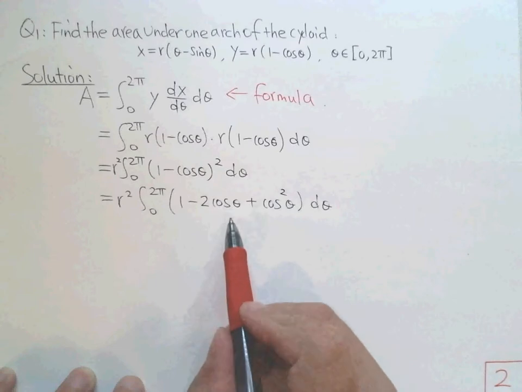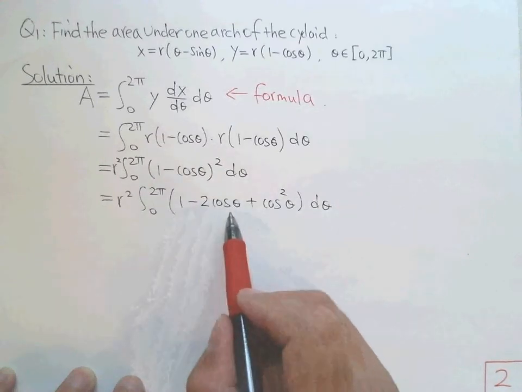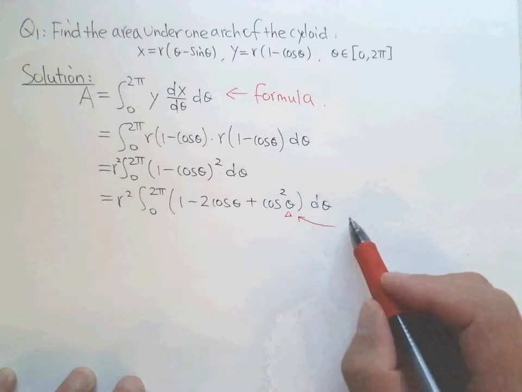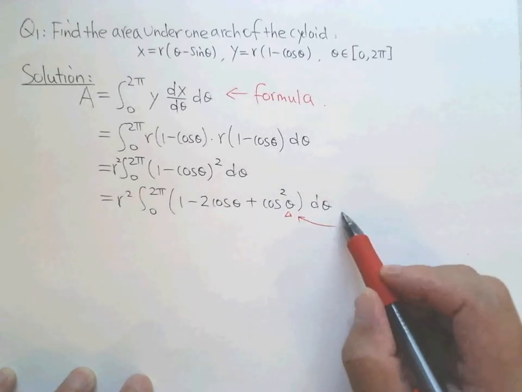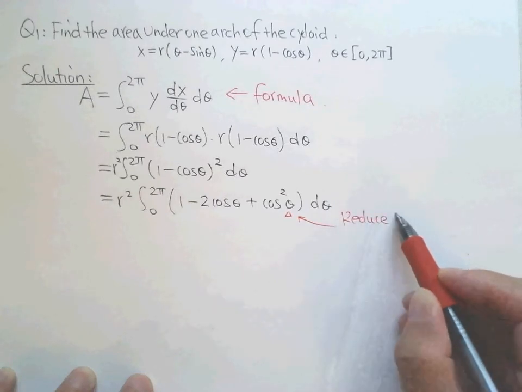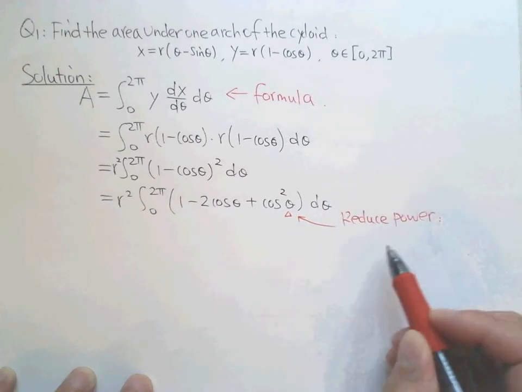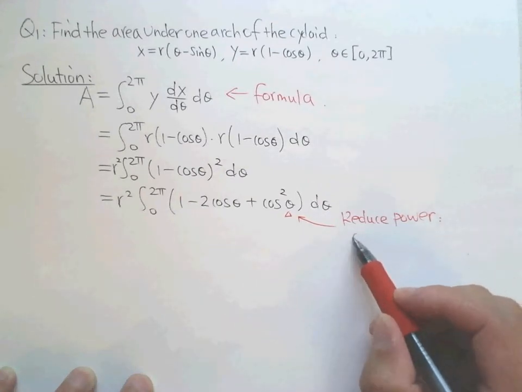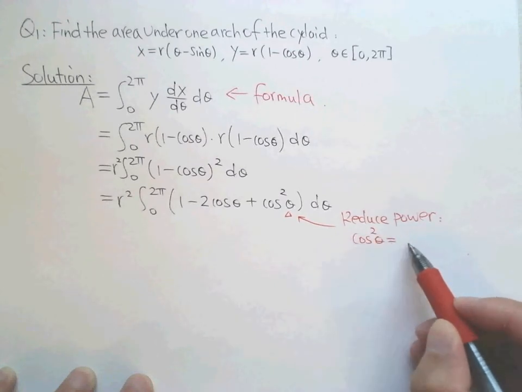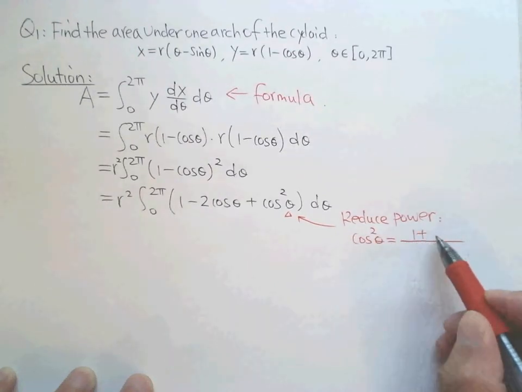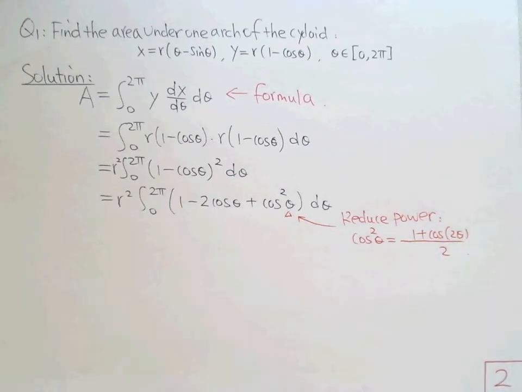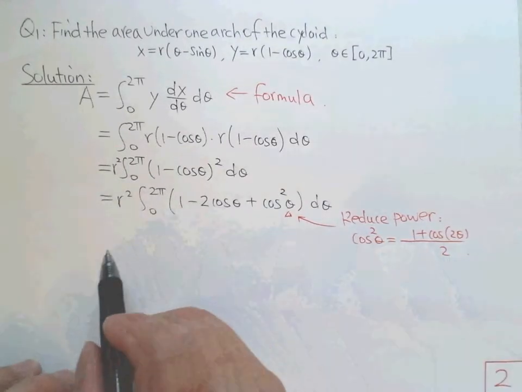We know this and that, but this one we don't know, though we have a way: the power reducing formula, or half angle formula. Cosine squared theta equals, remember, 1 plus cosine 2 theta over 2.